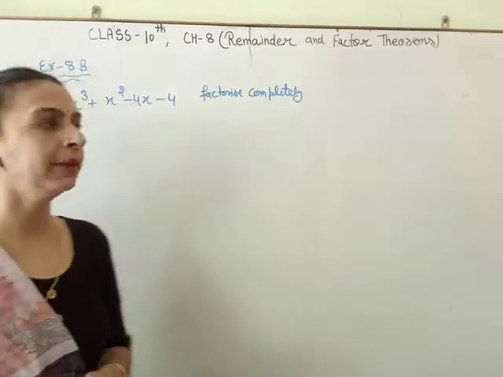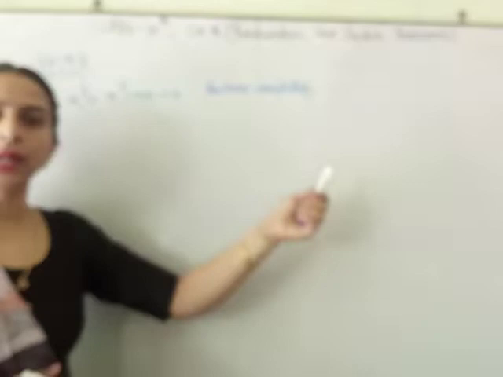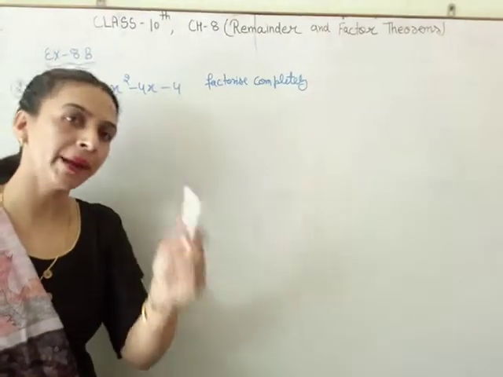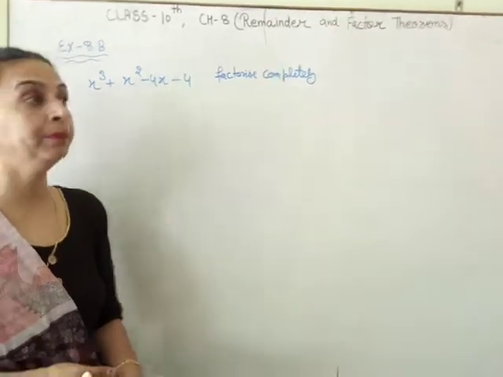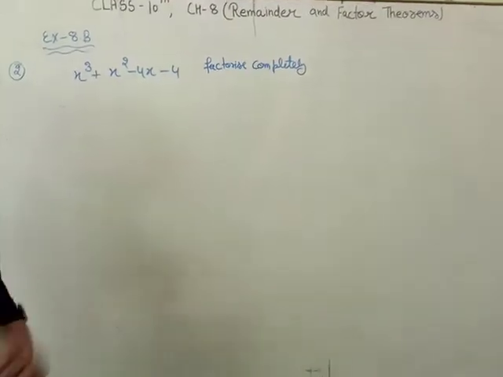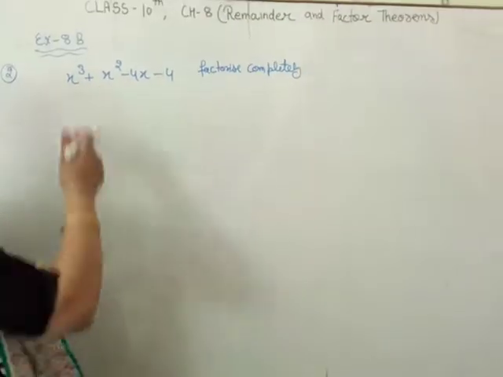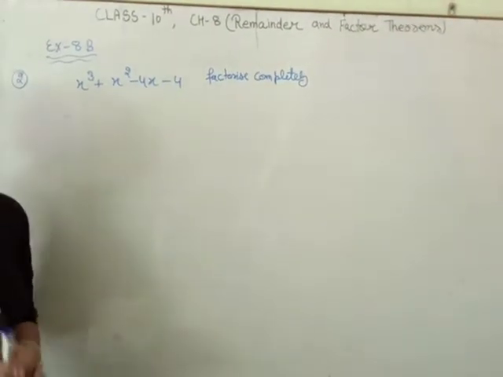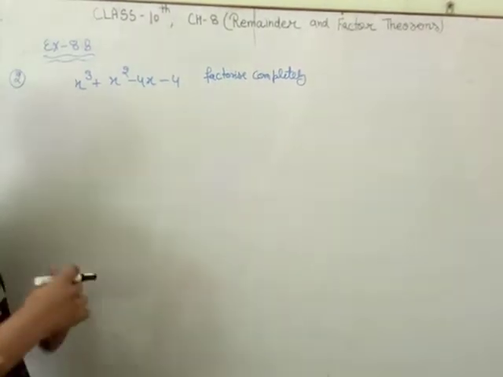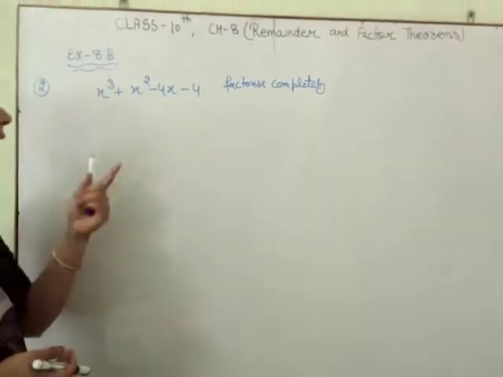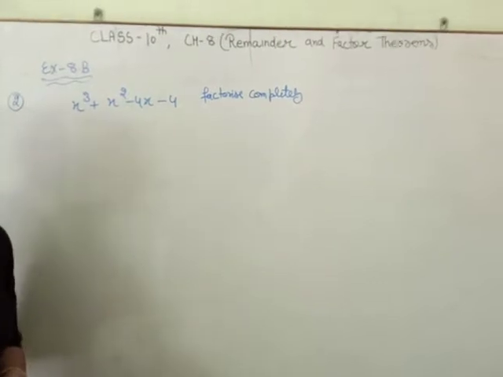These methods we use for finding the factors of a quadratic equation. But this is a 3 degree equation, and we know that in a 3 degree polynomial there are 3 factors. Now we use here neither taking out common factor, nor a square minus b square.